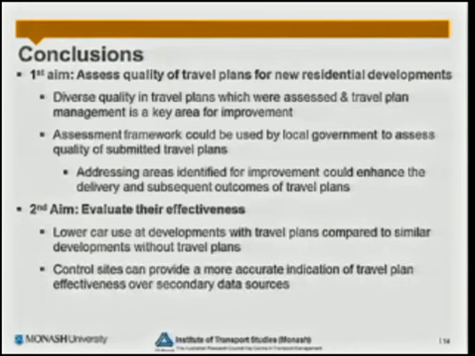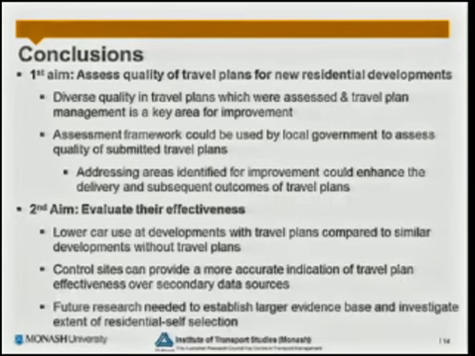So that's encouraging. And the control sites that we used, we believe, provided a more accurate indication of travel plan effectiveness over the secondary sources of data that we could get access to, which were those published trip rates, because they seem to provide a high estimate of amount of vehicle use compared to the sites that we were looking at.